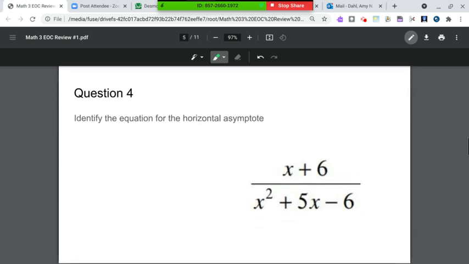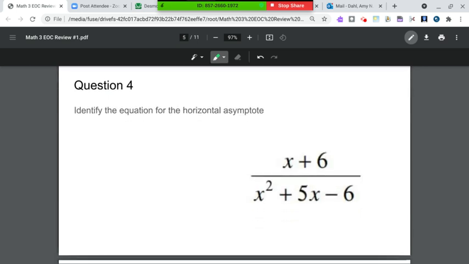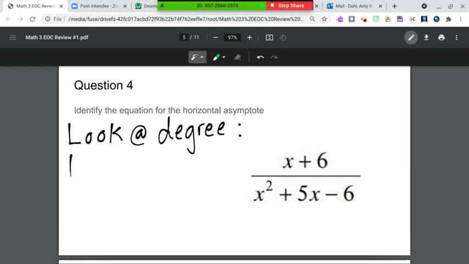Okay, question 4. We're getting there. Identify the equation of the horizontal asymptote. There are 3 rules for horizontal asymptotes. The first thing is you look at the degree for your rules.